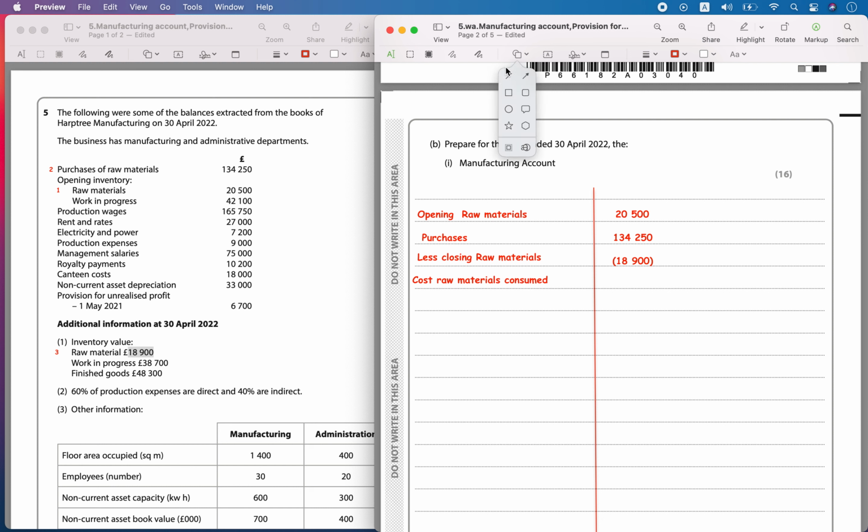Let's calculate this: 20,500 plus 134,250 minus 18,900. That should be 135,850. So let's write that, 135,850.